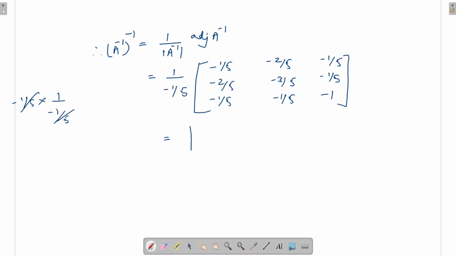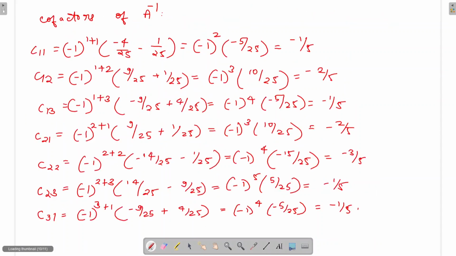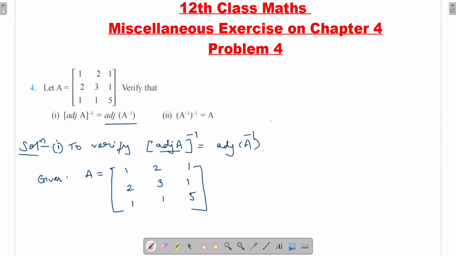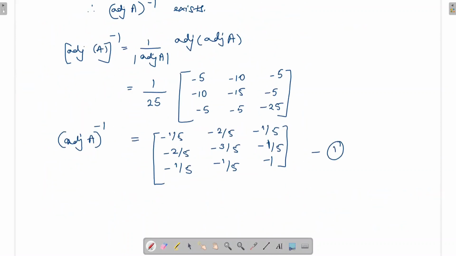So what you will get is 1, 2, 1, then 2, 3, 1, 1, 1, and 5. Okay. So if you look at this, this is nothing but A: 1 2 1, 2 3 1, 1 1 5, right?